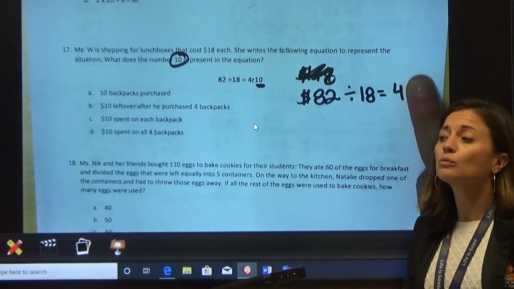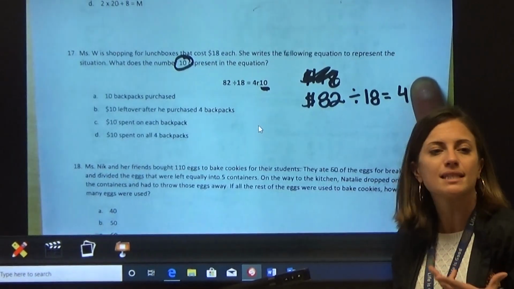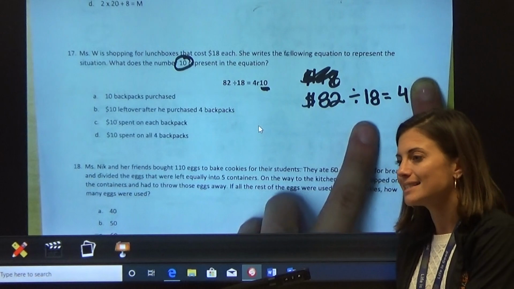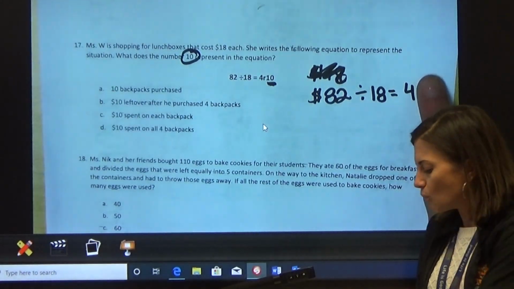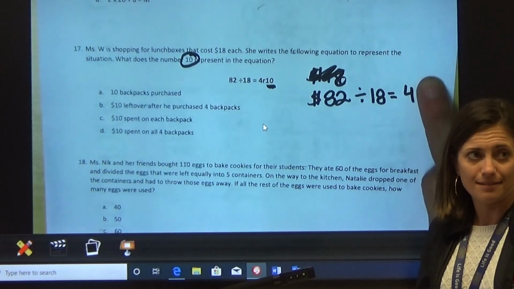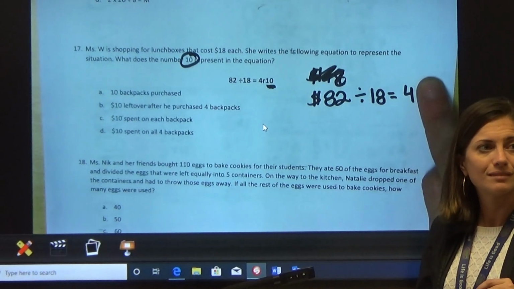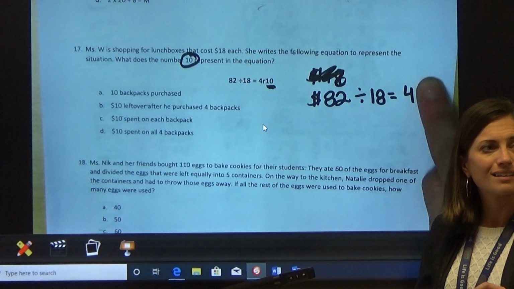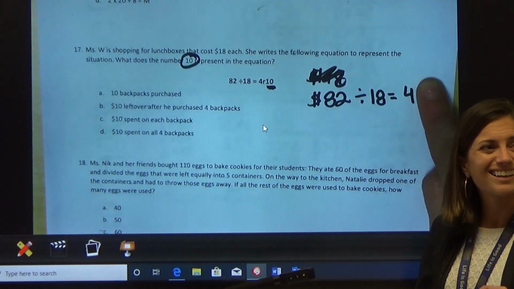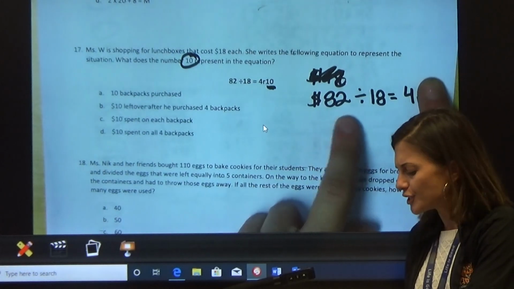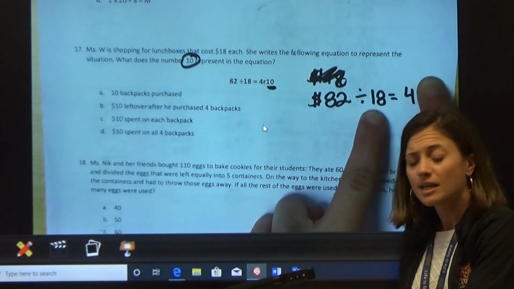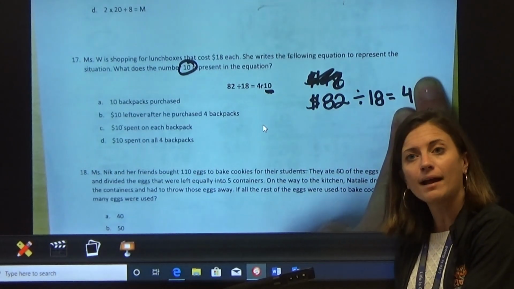I just want to know, in real life, the 82 represents the money she has to start. The 18 represents how much each backpack costs. So what does the 4 represent? I think it represents how many backpacks I bought. Beautiful. So if she's dividing her $82 by the amount each one costs, she can afford 4 backpacks.